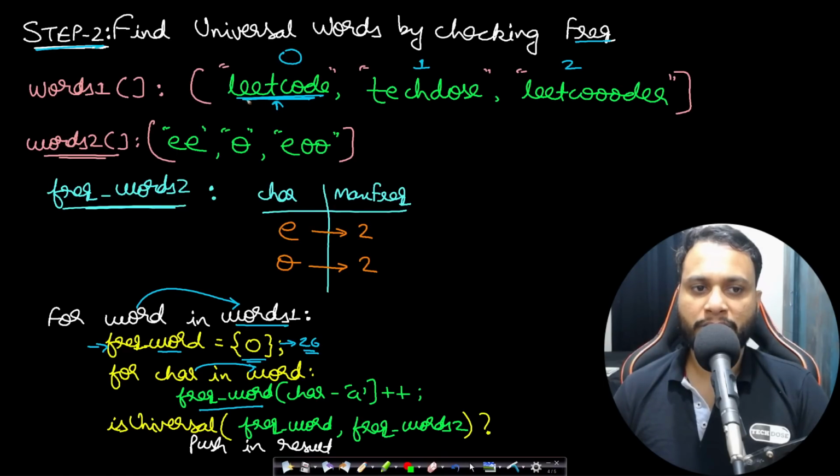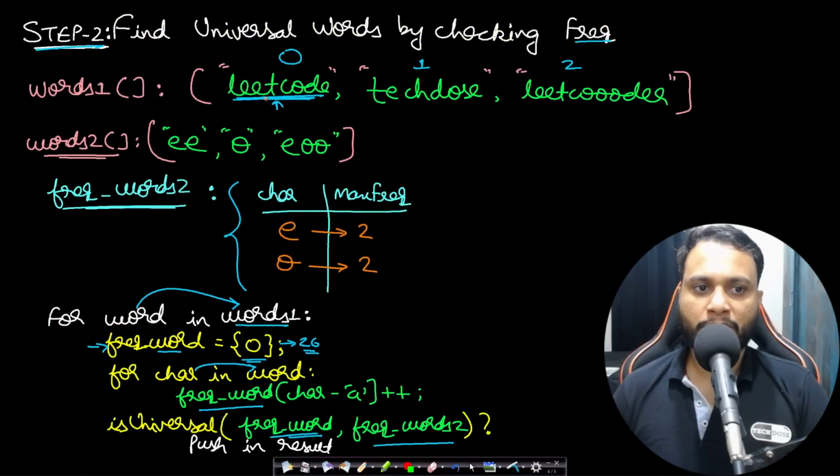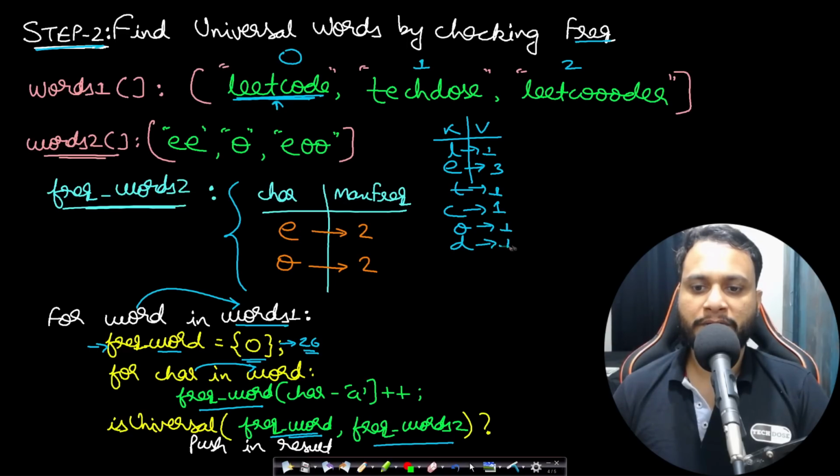Once I am done with that, I will check the frequency found for Leetcode against the frequency of words 2, which I had already calculated, as I showed you. So what will be the map for Leetcode? If you calculate the key-value pairs for Leetcode, L is occurring 1 time, E is occurring 3 times, T is occurring 1 time, C is occurring 1 time, O is occurring 1 time, and I think D is also occurring 1 time.